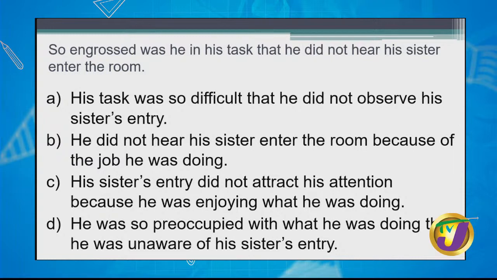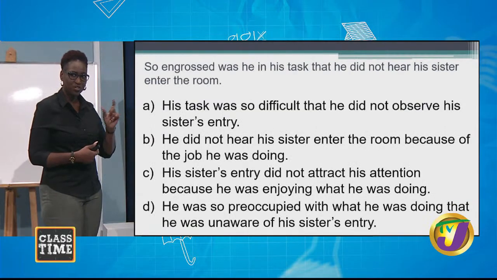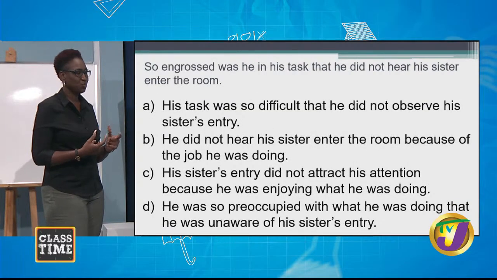Feasible maybe. C says, his sister's entry did not attract his attention because he was enjoying what he was doing. And then the last one says, he was so preoccupied with what he was doing that he was unaware of his sister's entry.